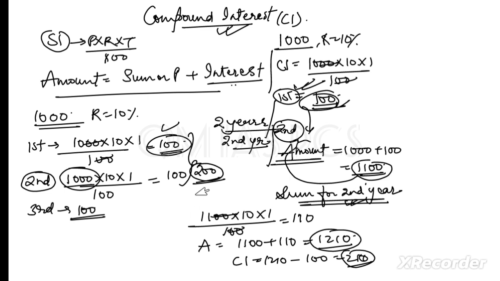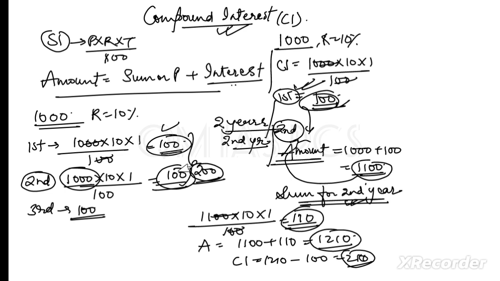So what I have told you, for the first year your interest will be the same for CI and SI, but when you are calculating for 2 years, for the second year, the interest is 210 in CI, but for the second year in SI the interest is 100 rupees.